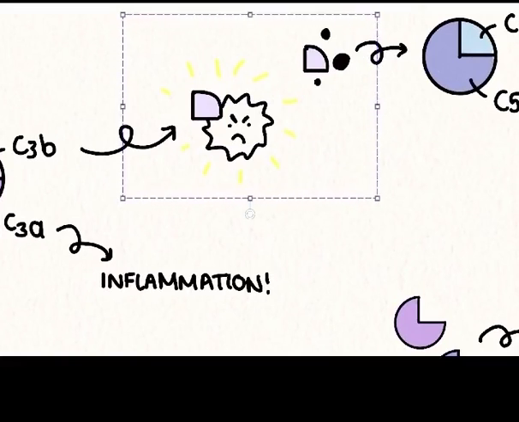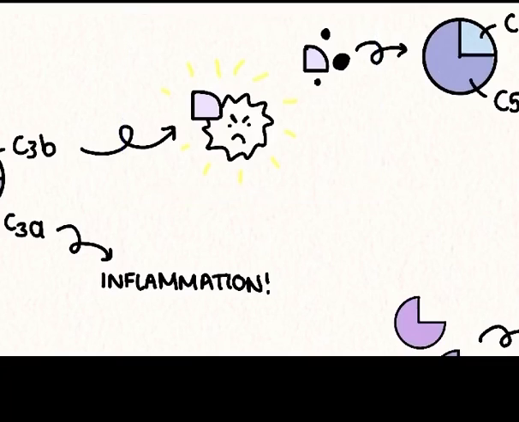You know, kind of like how Dumbledore's army tried to alert the ministry that You-Know-Who had returned, and they were like, no. In other words, C3b opsonizes the pathogen for the immune cells for phagocytosis to take place.